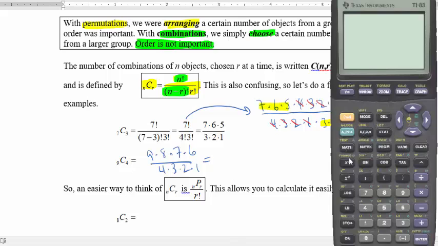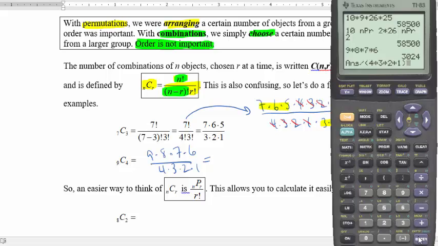Again, I'll verify it on the calculator. So if I did 9 times 8 times 7 times 6, and then that answer divided by, but now I need parentheses here because I'm dividing by the whole thing, 4 times 3 times 2 times 1.